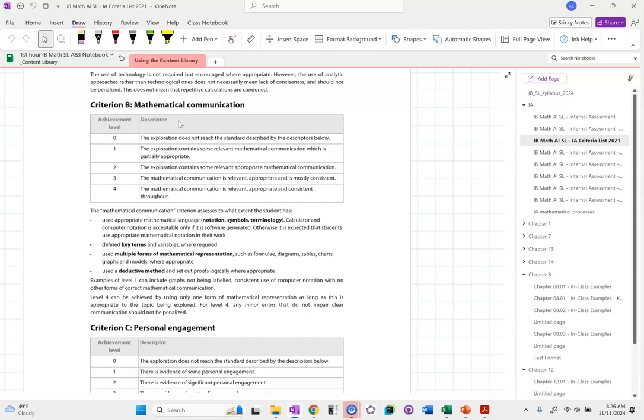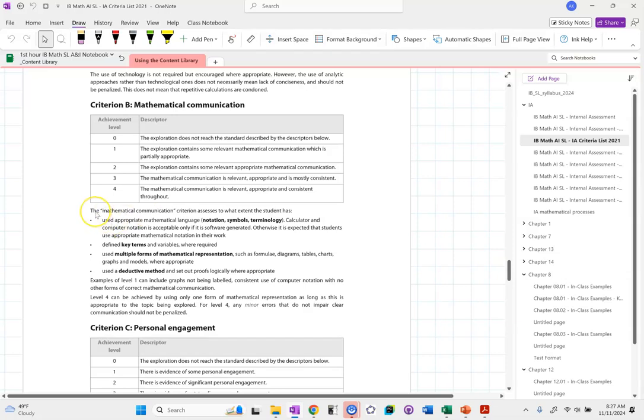So I want to just go through the criteria. 0, the exploration does not reach the standard described by the descriptors below. 1, the exploration contains some relevant mathematical communication which is partially appropriate. 2, the exploration contains some relevant appropriate mathematical communication. 3, the mathematical communication is relevant, appropriate, and mostly consistent. 4, the mathematical communication is relevant, appropriate, and consistent throughout.